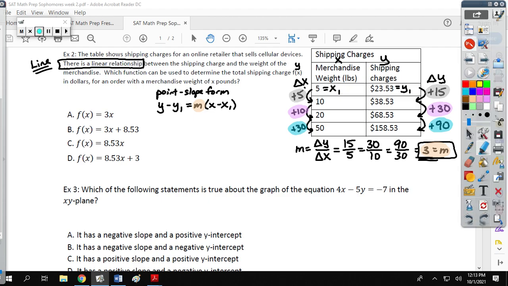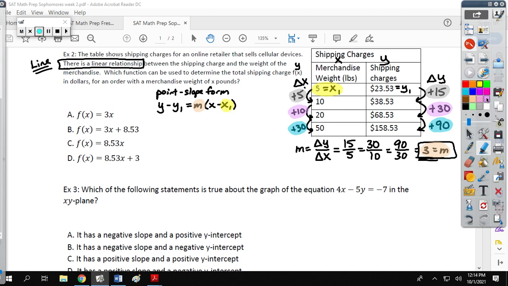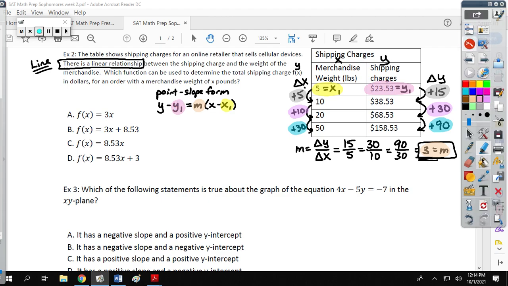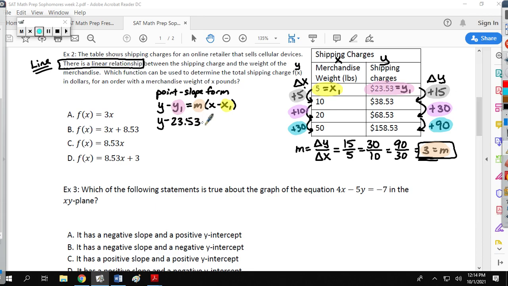We'll call that point x1 is 5. Plug that in here. And y1, what color have I not used yet? Pink. There we go. y1 is 23.53. We'll plug that in right there. So that would give us y minus 23.53 equals the slope 3 times x minus 5, which is our x1.